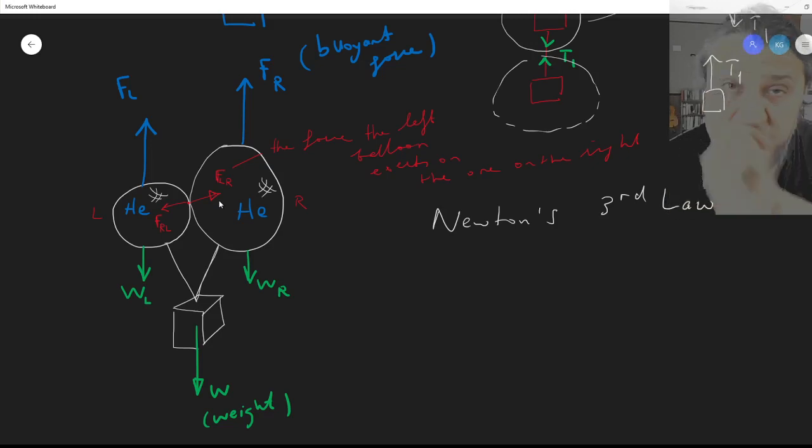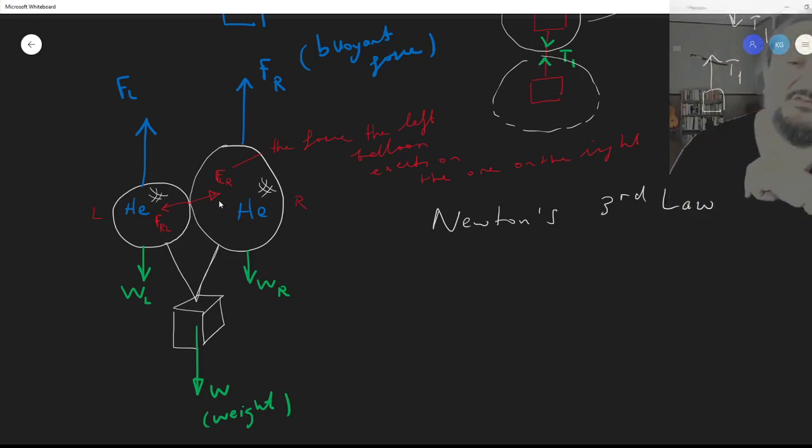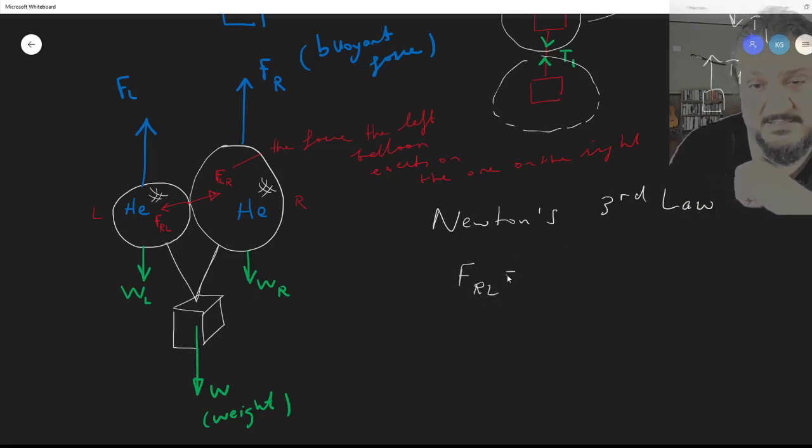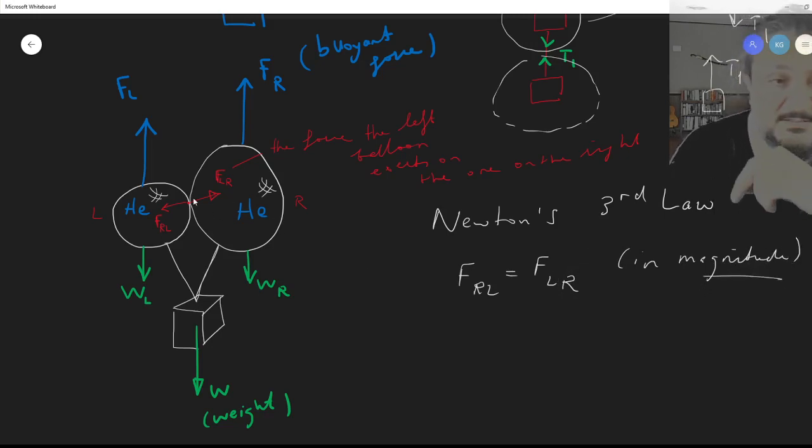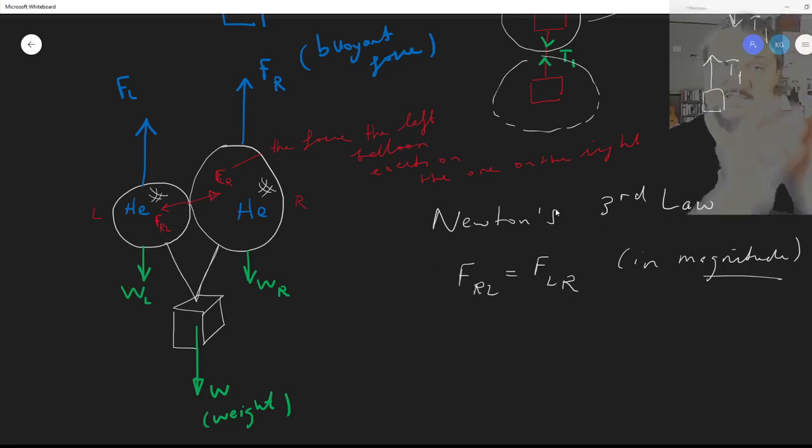The arrows have equal lengths, so the magnitudes are the same. So FRL is the same as FLR in magnitude, not in direction, but in magnitude. The word magnitude is reflected to this picture in terms of the length of the arrow.